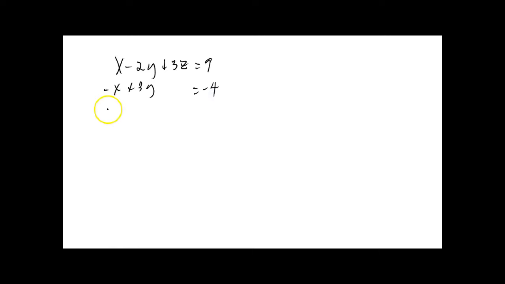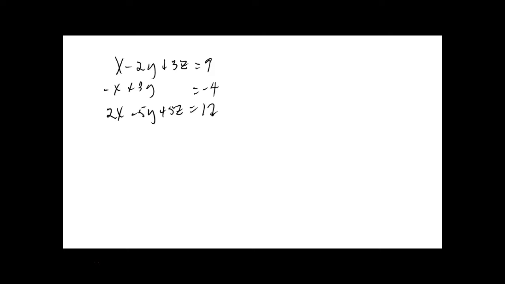And 2x minus 5y plus 5z is equal to 17. Okay. That's a system of linear equations, 3 equations, 3 unknowns. We think it should be solved.